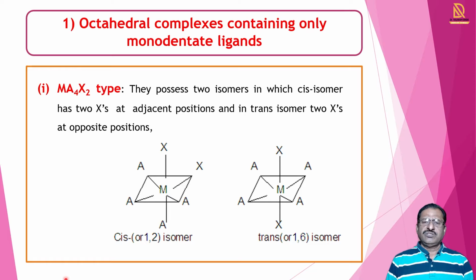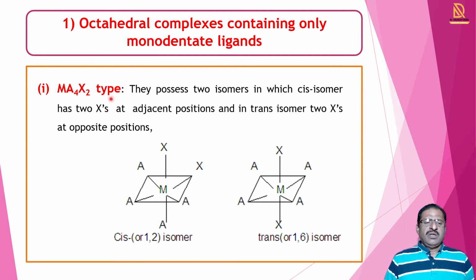Even after rotation no isomers form. So MA6 or MX6 octahedral complexes do not show any isomerism, and this type is not taken here.